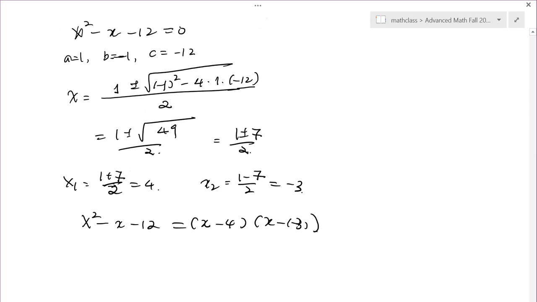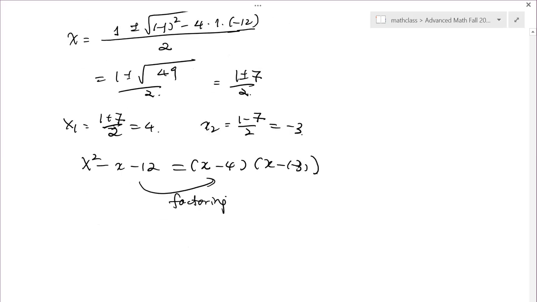So for a quadratic function, if you have two different roots, you can always express it as a product of two linear terms. That's called the factoring method. From here to here, we call it factoring.